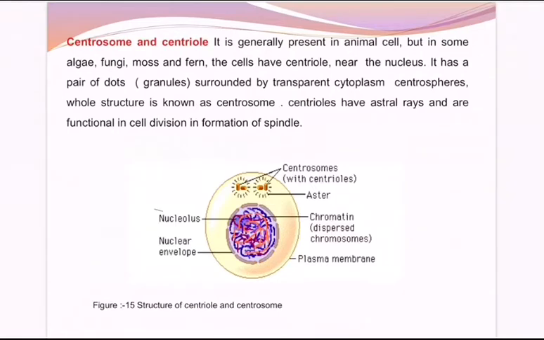Each fibril is made up of 3 sub-fibers called a triplet fibril. So 9 fibrils are there and each one has 3, so 9 into 3, 27 fibrils will be there.